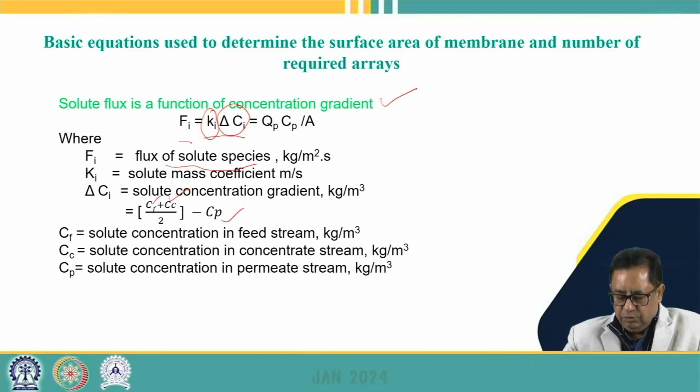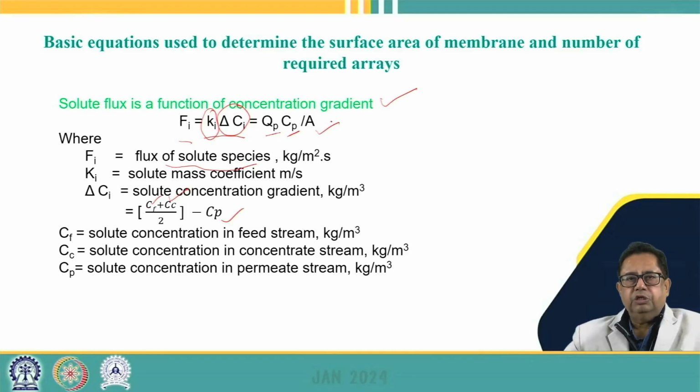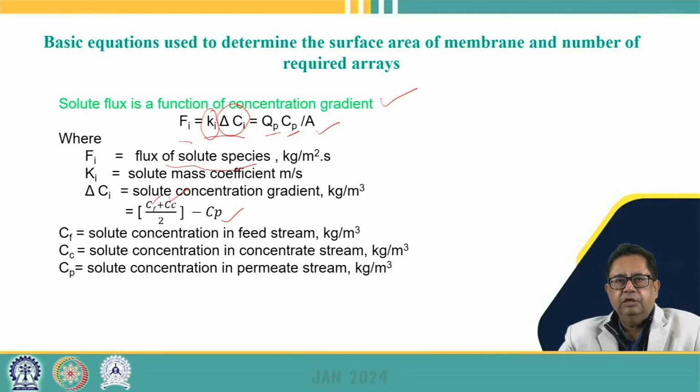Now this will be equal to the flow of the permeate times the concentration of the solute in the permeate divided by the area. So these two equations will be used so that we can design our reverse osmosis system.